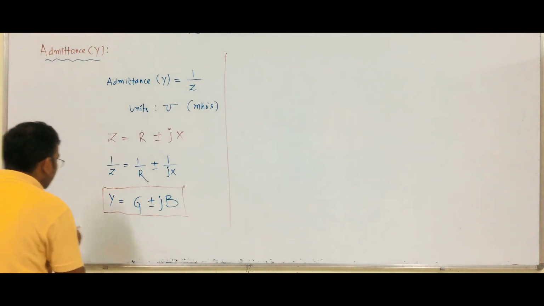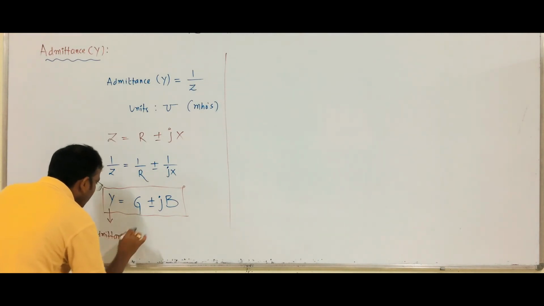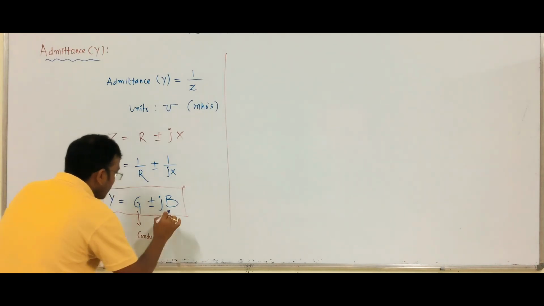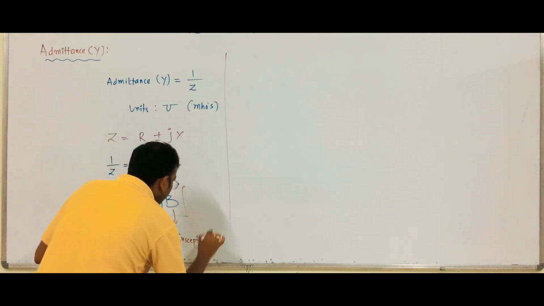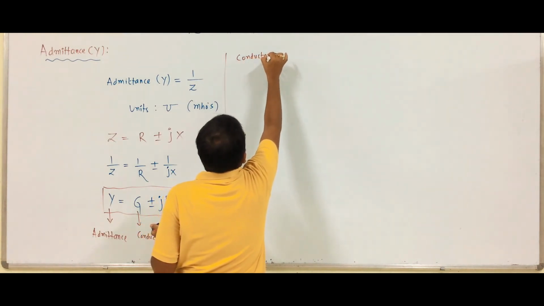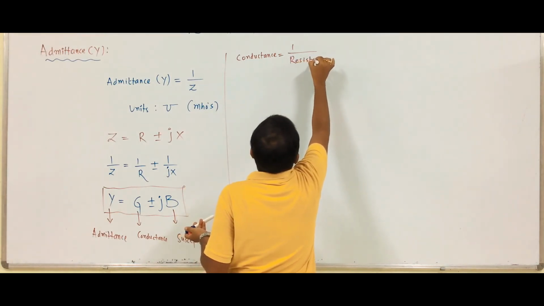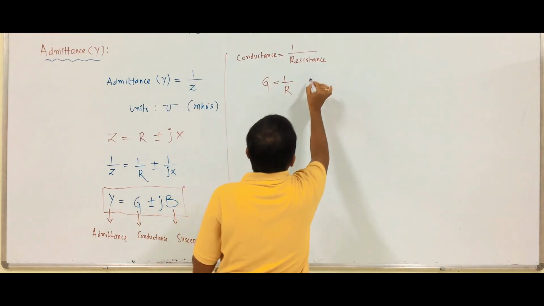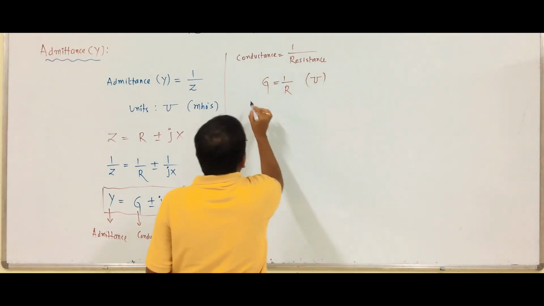So, this G is the conductance. This B represents susceptance. Conductance is the reciprocal of resistance, represented with G, which is nothing but 1 by R. Resistance units are ohms, and from this we have mhos.